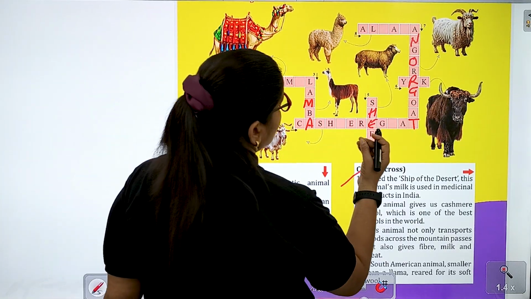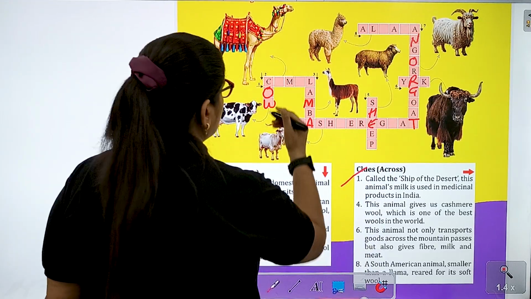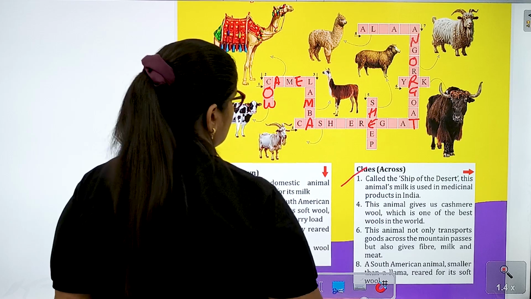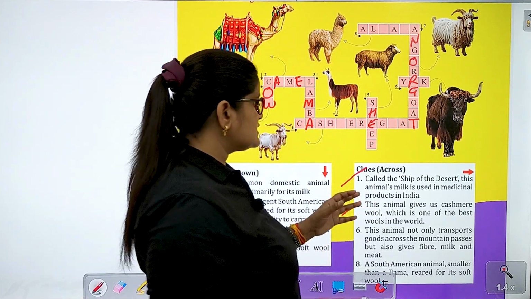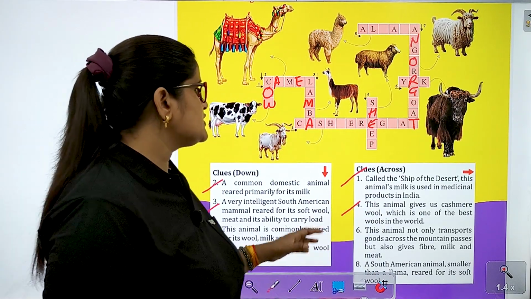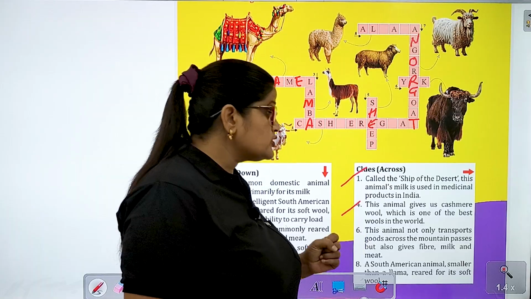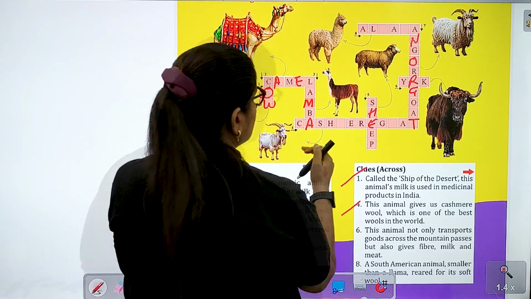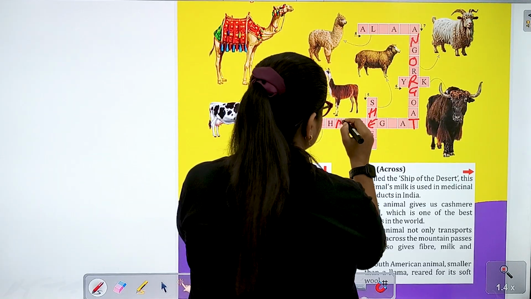Where is 1? C-A-M-E-L. This animal gives us cashmere wool, which is one of the best wools in the world. So number 4, it is this one, cashmere goat.